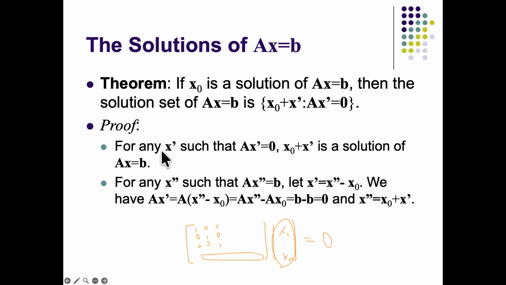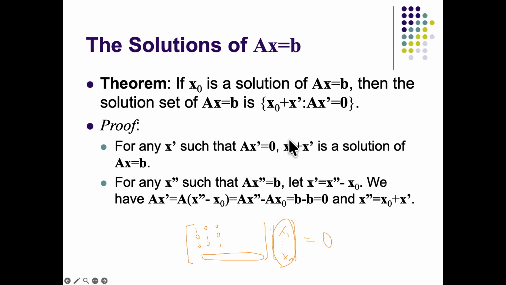For any X prime such that AX prime equals 0, X0 plus X prime obviously is a solution of AX equal to B, because you multiply A on the left-hand side of X0 plus X prime. You use the distributive law, and you expand it, and you get AX0 plus AX prime.